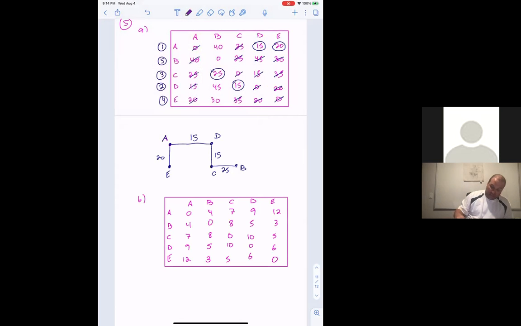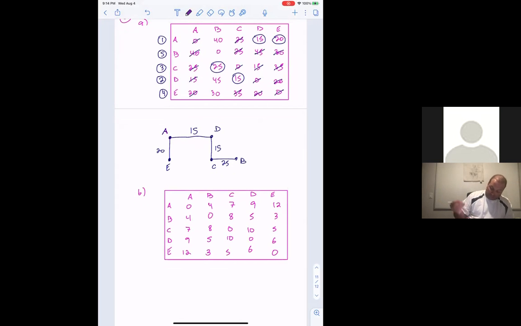So let's go ahead and use Prim's algorithm, starting with A, because why not?